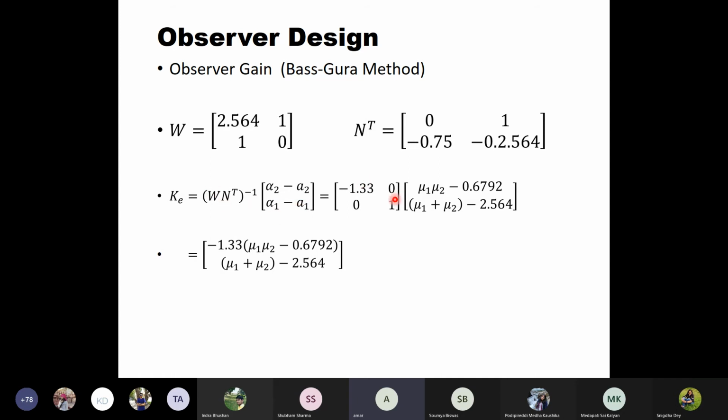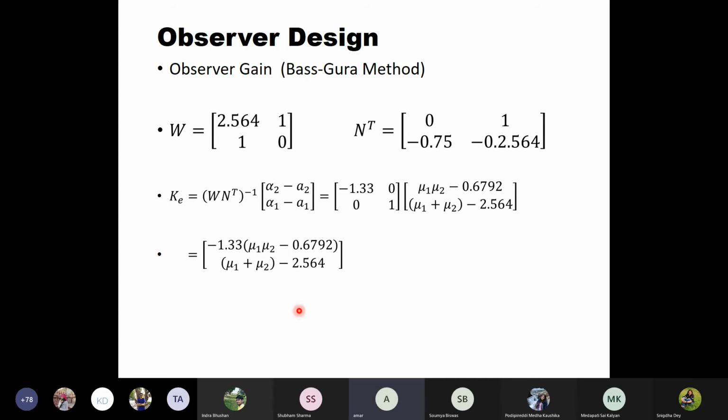W N transpose inverse is this expression, alpha 2 minus a2 is this, alpha 1 minus a1 is this expression. And from here I get Ke in terms of mu1 and mu2. So if I decide mu1, mu2 some value, minus 5, then I'll get the Ke value.